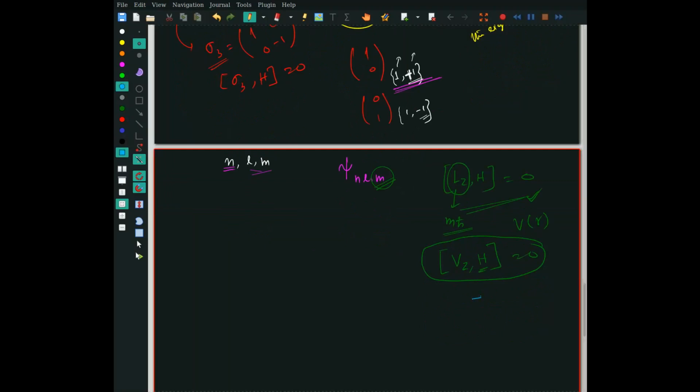If you have a minus 1 by r potential, then only your Runge-Lenz vector will commute with the Hamiltonian. By the same token, this will also lead to degenerate eigenvectors of H, and again you will label those degenerate eigenstates by putting the labels of the eigenvectors of Vz, which would be like l.